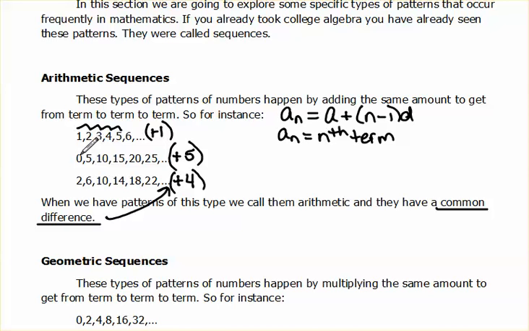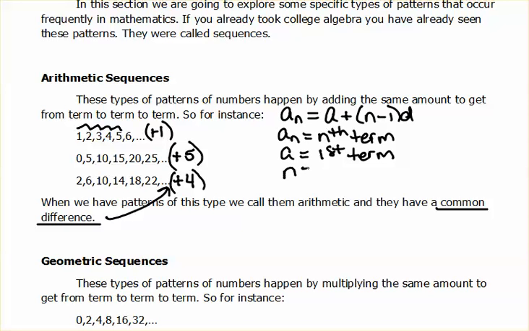So that would be the first term we would call 0. The 5 is the second term. 10 is the third term. 15 is the fourth term. So that actual term itself is the nth term. Now a sub 1 by itself is the first term. So technically we would call the first term in this example 0.